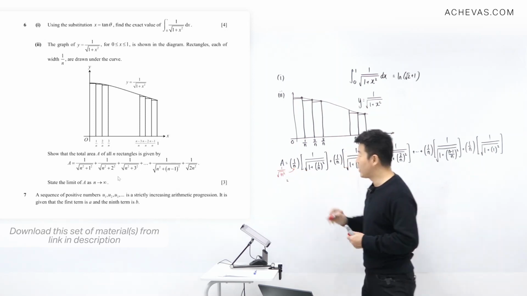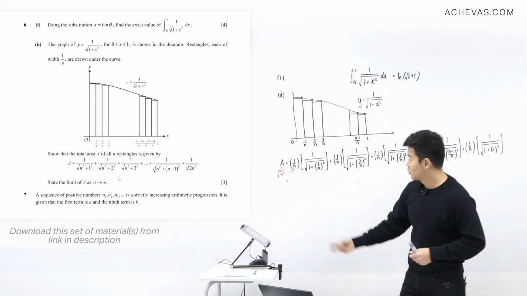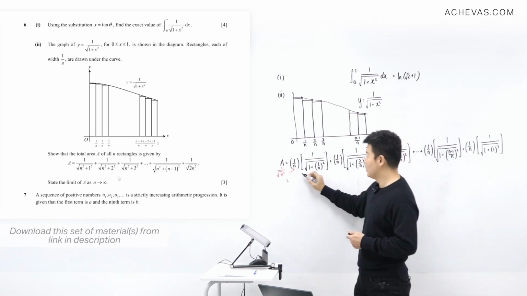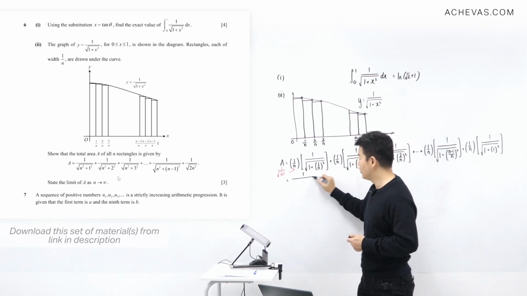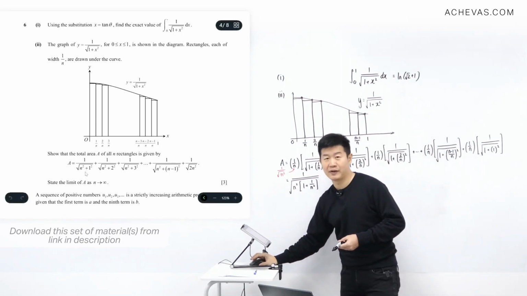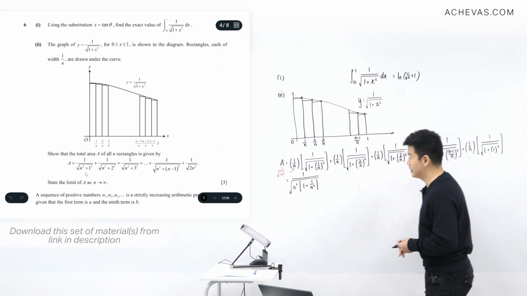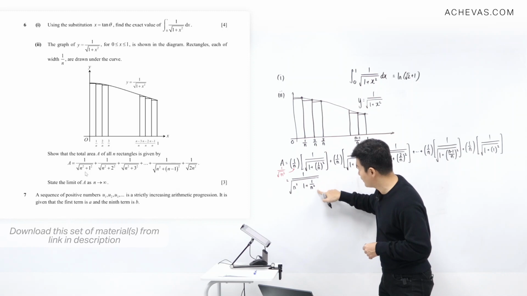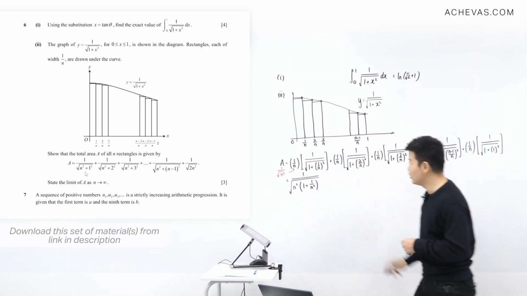So we have 1 over square root of n squared, multiplied by the square root of 1 plus 1 over n squared. According to what the question wants us to show, there's no 1 over n outside. It is just going to be a square root in the denominator. I think this is fine. Maybe I will just use the curved bracket instead. It's not very necessary to use the rectangular bracket.